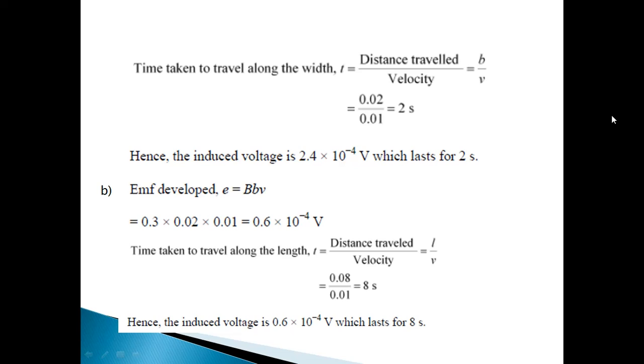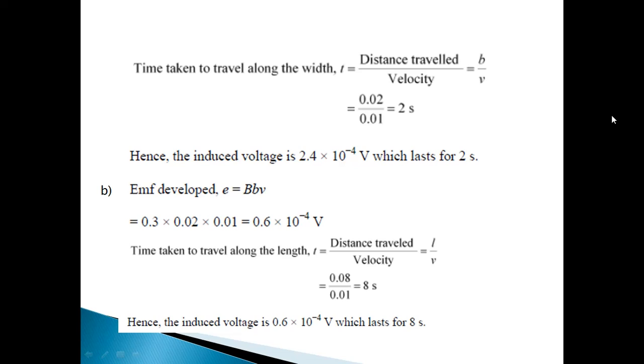Similarly, the EMF developed when the direction of motion is perpendicular to the shorter side is given as E equal to B into breadth into velocity. And you get your answer as 0.6 into 10 to the power minus 4 volt.